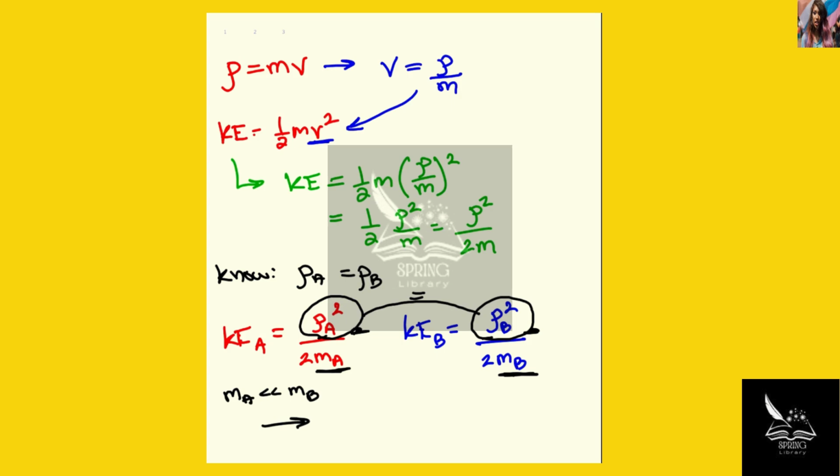So intuitively, we will find that kinetic energy of object A with the smaller mass is going to be far greater than kinetic energy of B. I know this is super colorful, but colors always help me to see the solution better. But right off the bat, we now have a general example showing that kinetic energy does not in fact have to be equal between two objects that share a similar momentum.